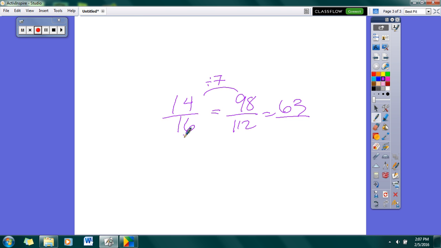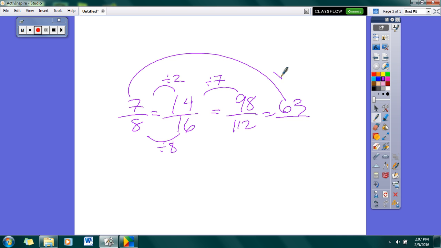And I still can't think of how do I get from 14 to 63, so I'm going to divide again by 2. And this is going to be 7 over 8. And I know I can get from 7 to 63. I'm multiplying by 9. I'm going to multiply this by 9 and get 72.